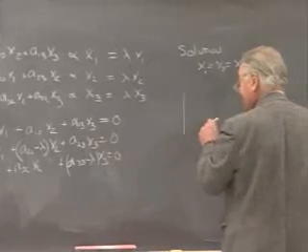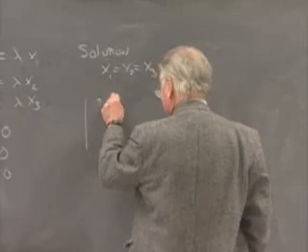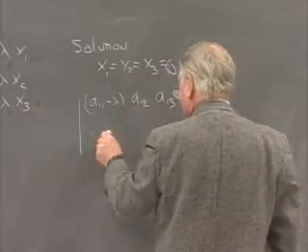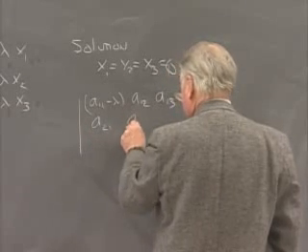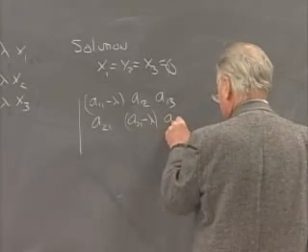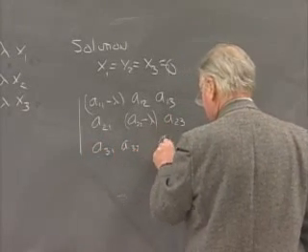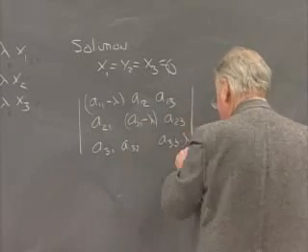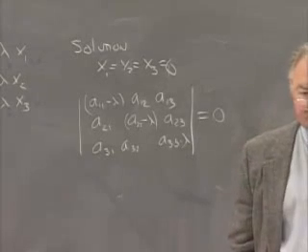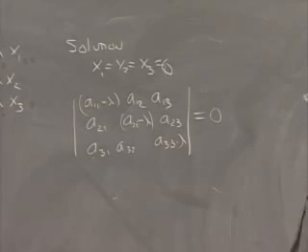then we can find a real set of x1, x2, x3. So the condition that a solution exists is that the determinant with rows (a11 minus lambda, a12, a13), (a21, a22 minus lambda, a23), and (a31, a32, a33 minus lambda) has to be equal to 0. All right, so we know how to expand the determinant.